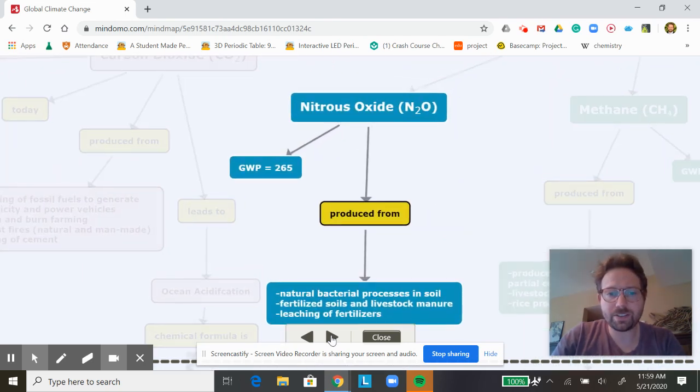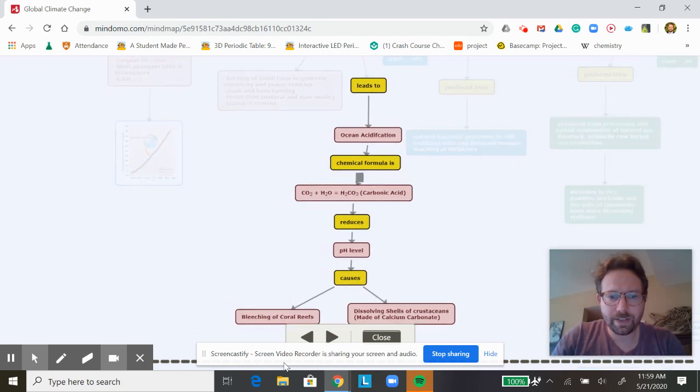What this does is it bleaches coral reefs. And we have great images of this destruction. It also dissolves shells of crustaceans because they're made of calcium carbonate, which is very susceptible to lower pHs.